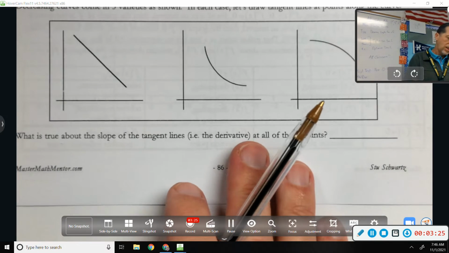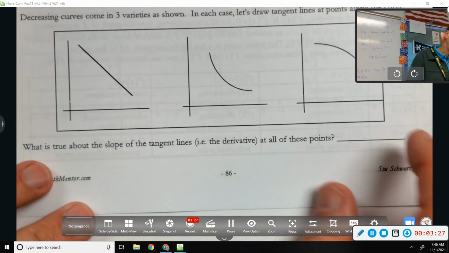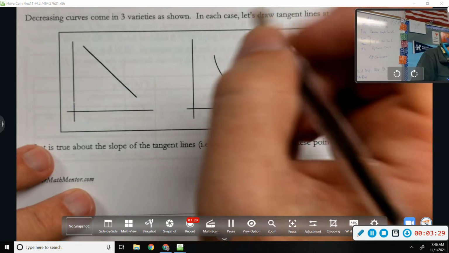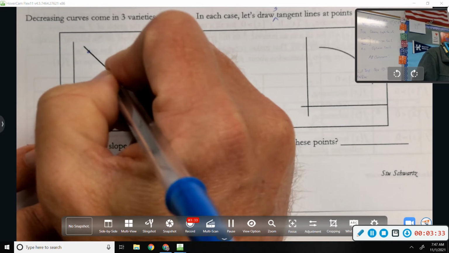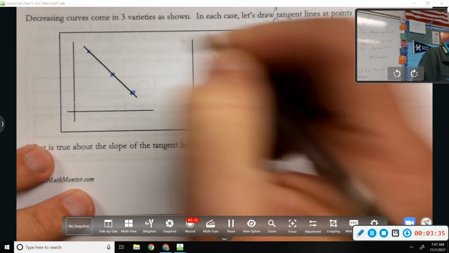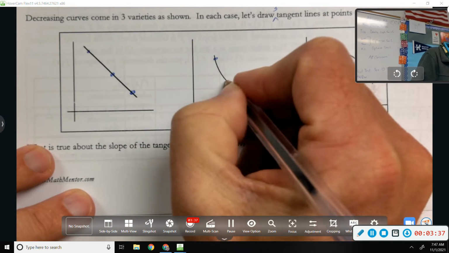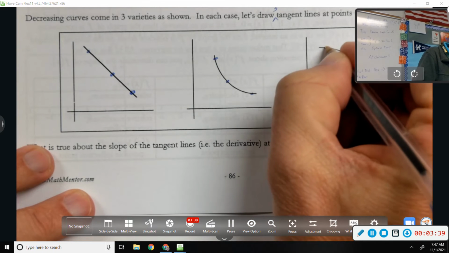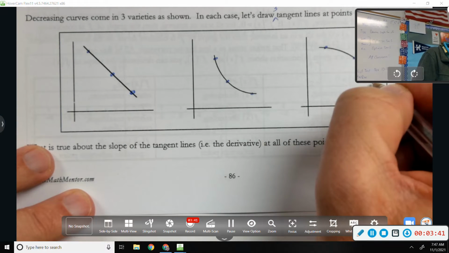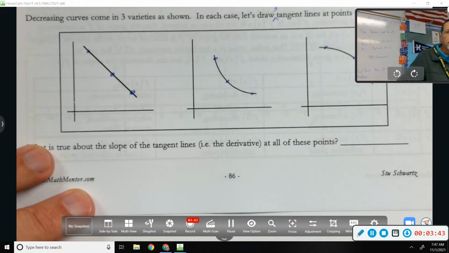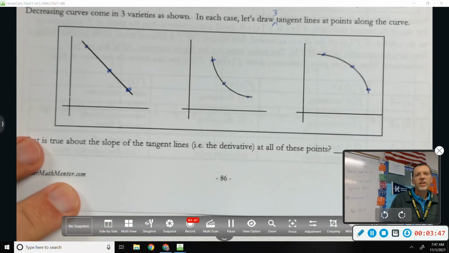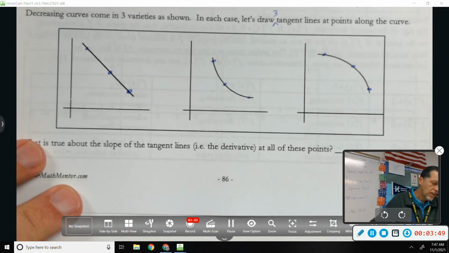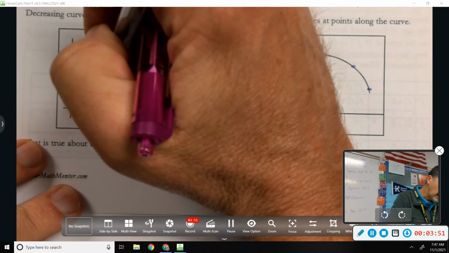Next set. Decreasing curves come in 3 varieties as shown. In each case, let's draw 3 tangent lines at points along the curve. And again, on that first picture, it's tricky to draw tangent lines to a straight line because the tangent line is the straight line.